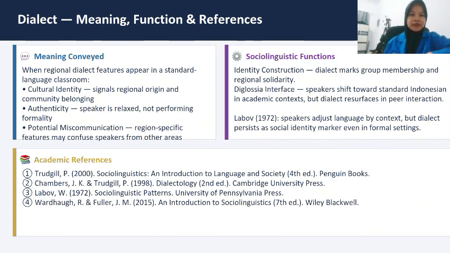As Labov, 1972, showed, dialect features persist even in formal settings because they are deeply tied to personal identity. My references are Trudgill 2000, Chambers and Trudgill 1998, Labov 1972, and Wardhaugh and Fuller 2015.